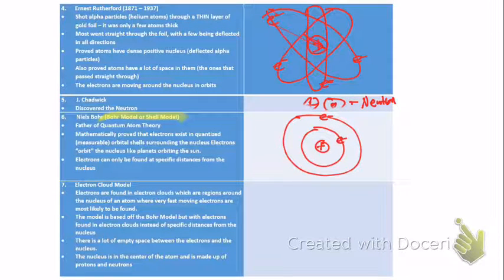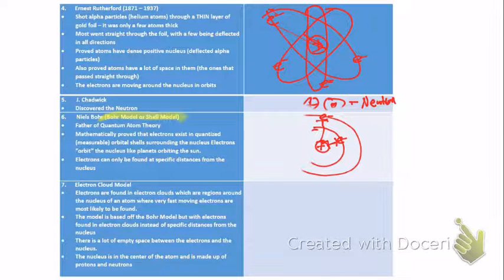The only difference is that electrons can only be at these specific distances. It can be this far or it can be this far, and it can never be in between orbits, okay? Never exist between those orbits. And because of that, the electron can never crash into the nucleus, all right?